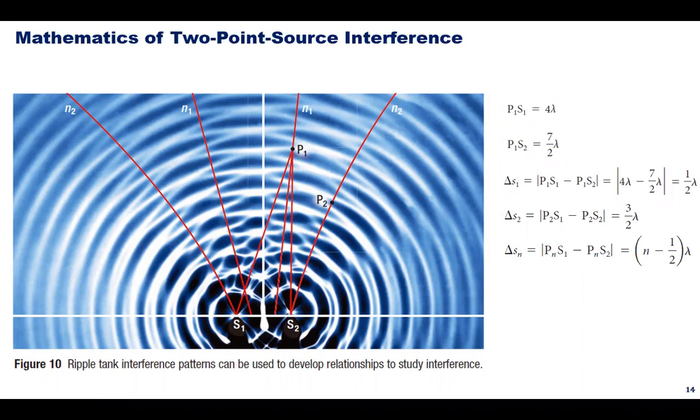The path length difference, noted as delta S1, on the first nodal line is the absolute value of the difference between P1S1 and P1S2, which gives us delta S1 equals a half of the wavelength, 1/2 lambda.